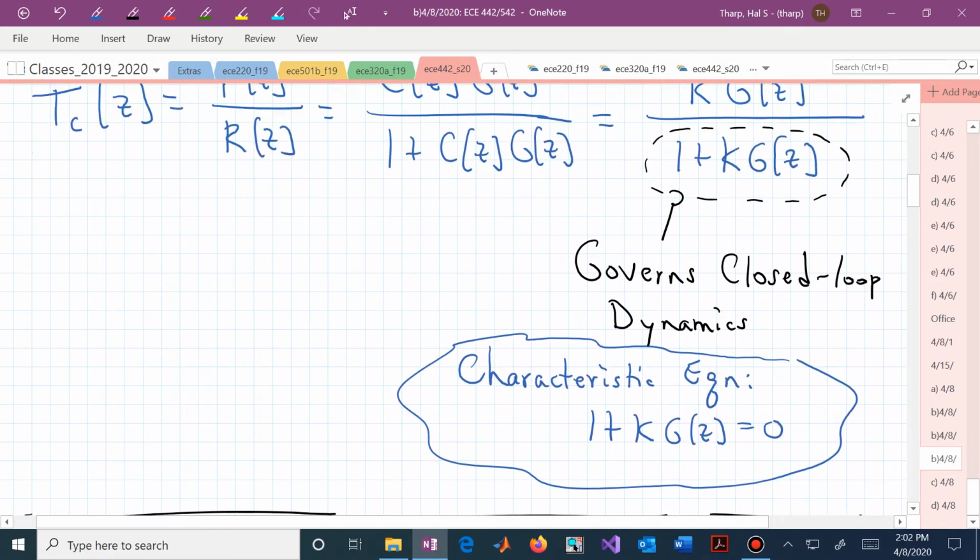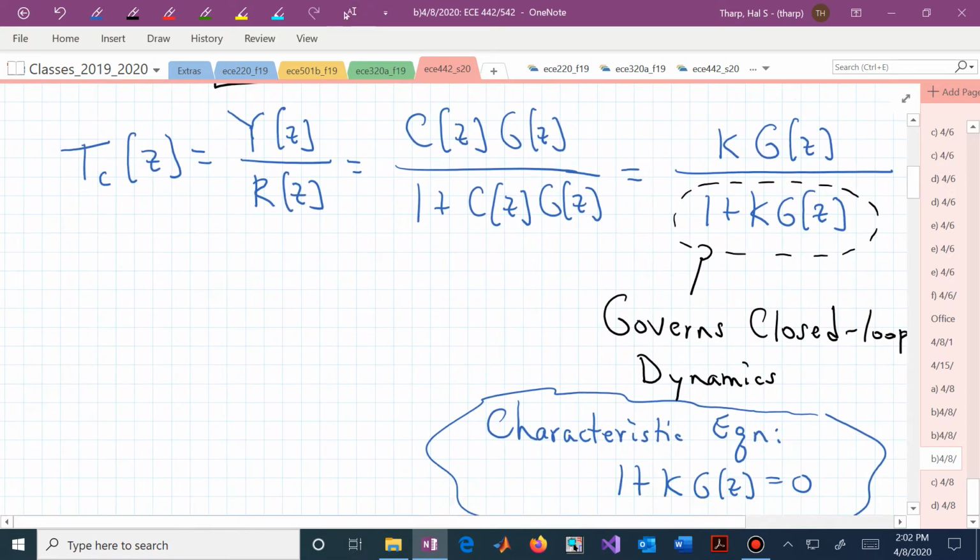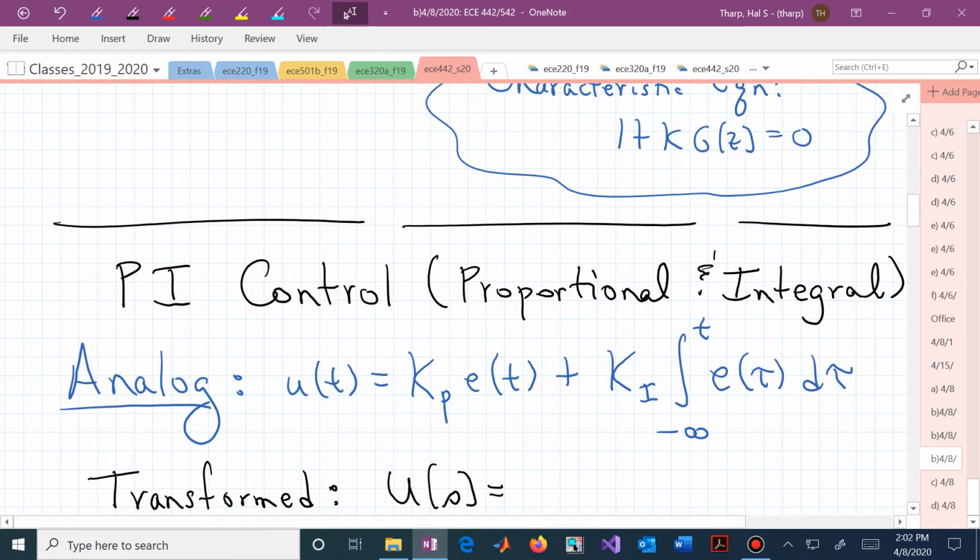That's the proportional controller, where the k is the adjustable parameter. G consists of our poles and zeros of our original system or the original plant, and we are now controlling that in a closed loop setting.